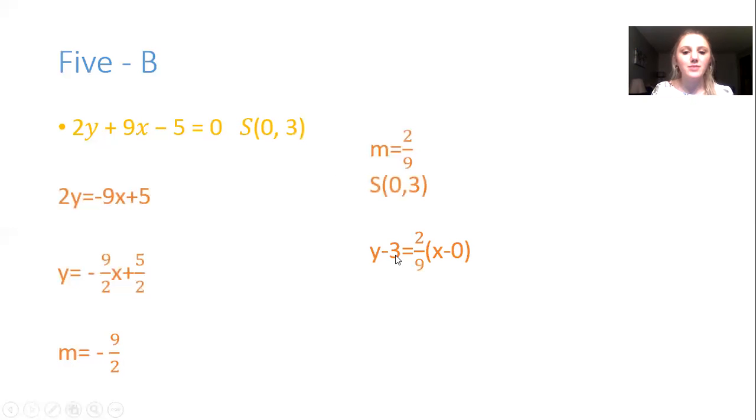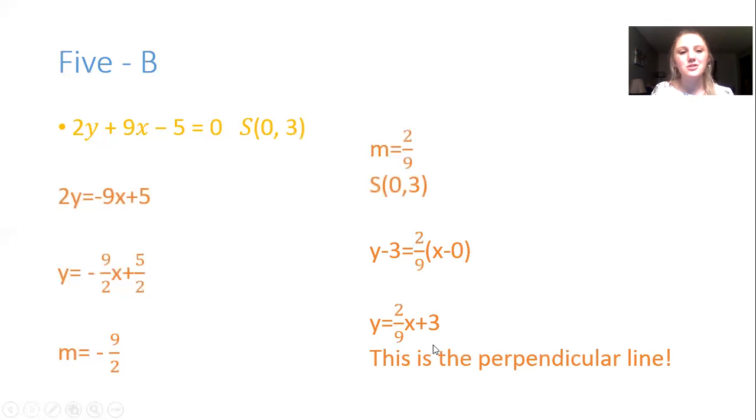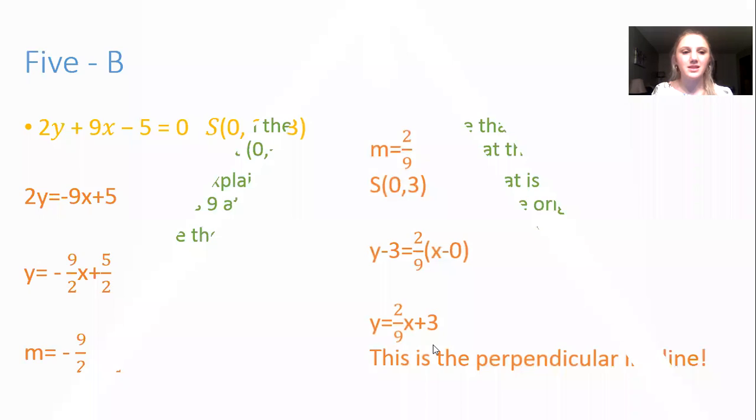And we would get y minus 3, because it's y minus y1, equals 2/9, which, you know, the slope goes right here, times x minus x1, which would be 0. Simplify, and we would get y equals 2/9x plus 3. And that is the perpendicular line to 2y plus 9x minus 5 equals 0.